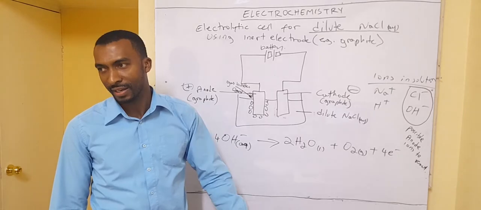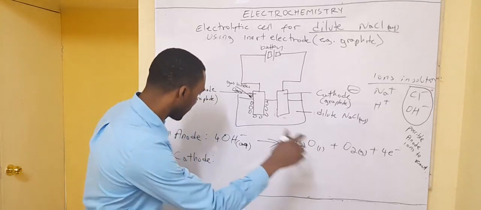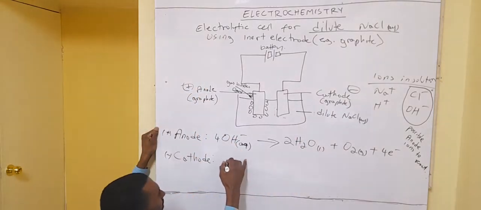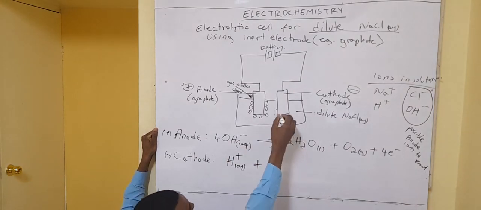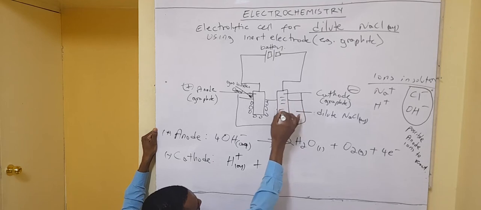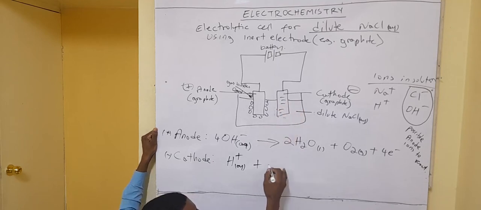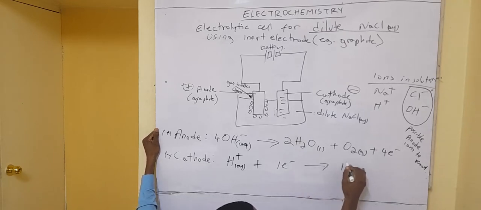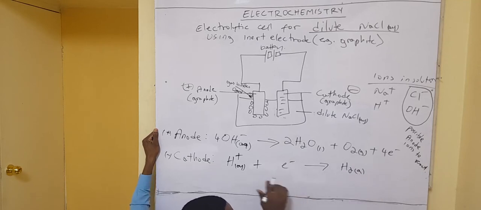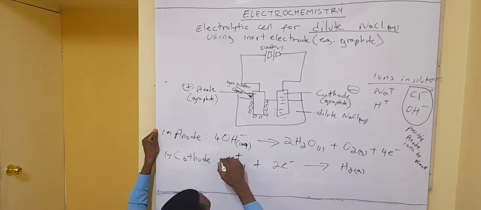Only copper and silver are below the hydrogen, right? That simply means here it's going to be H plus aq. It's going to pick up the electron. Remember that the cathode will supply the electrons. That's one electron to produce H2 gas. Right? So to balance, this is going to be 2 and 2.